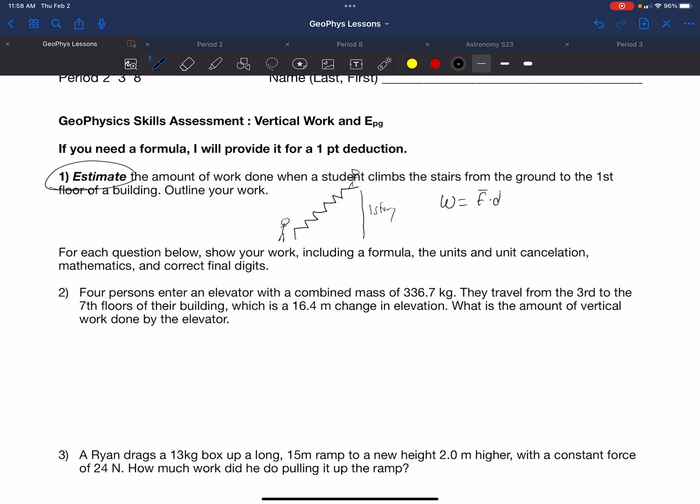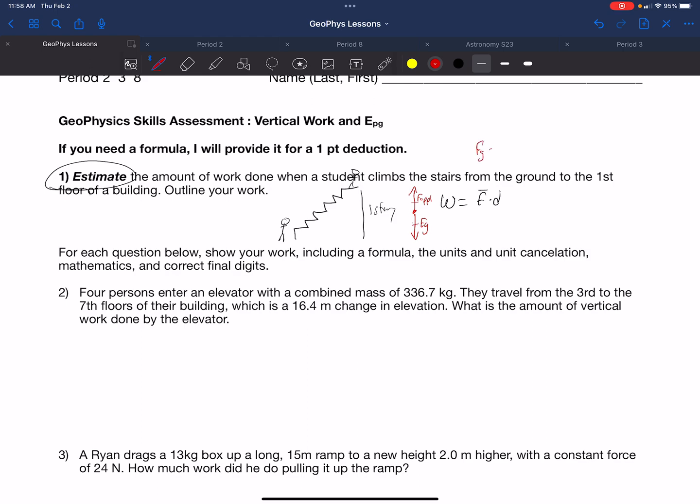Now, the student is climbing up the stairs, as we've seen before. This vertical work, we have the force of gravity and we have the force applied. Well, we said a key piece of that is that it's at constant velocity, so these forces are balanced.